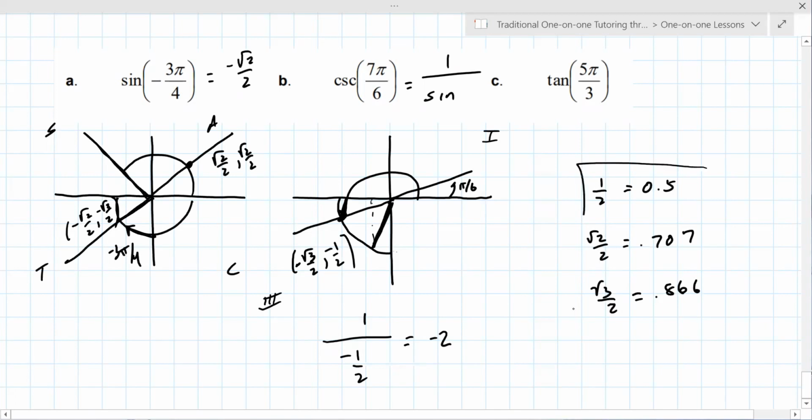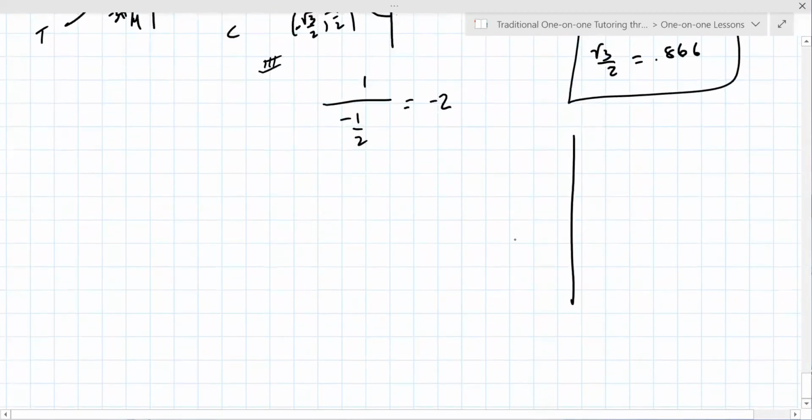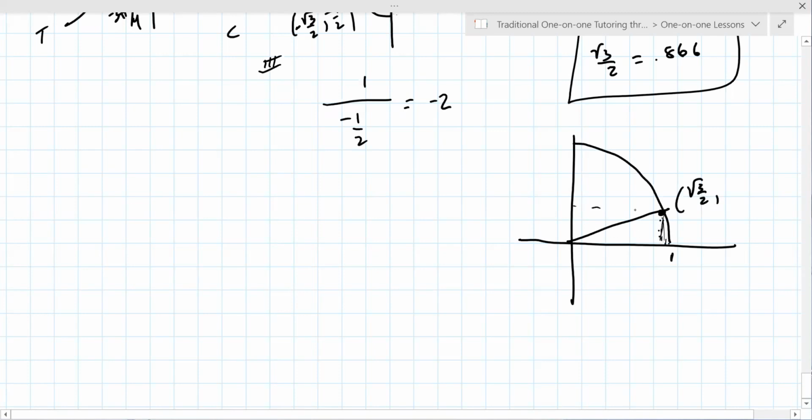That's why in the first quadrant, at 30 degrees or pi/6, the x has to be closer to 1, so the x value is square root of 3 over 2, and the y is 1/2, kind of halfway. But when you get up to 60, it switches because the y is now closer to 1. The y is square root of 3 over 2, and the x is 1/2. And right in the middle, they're the same.